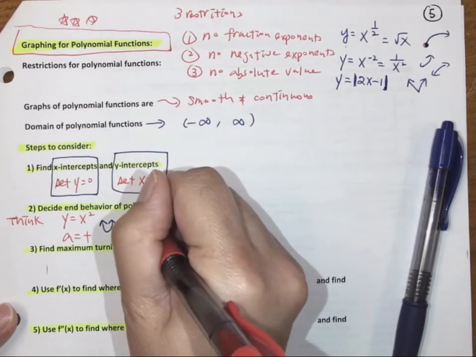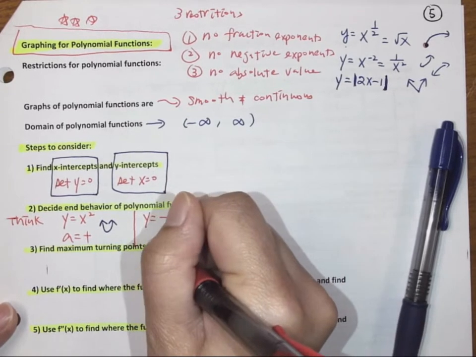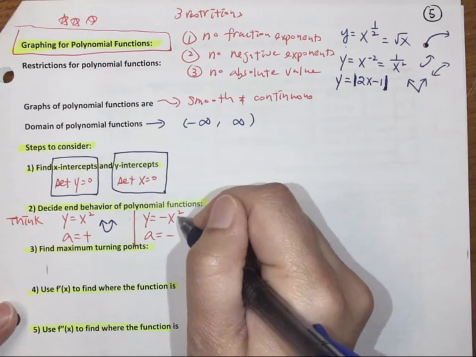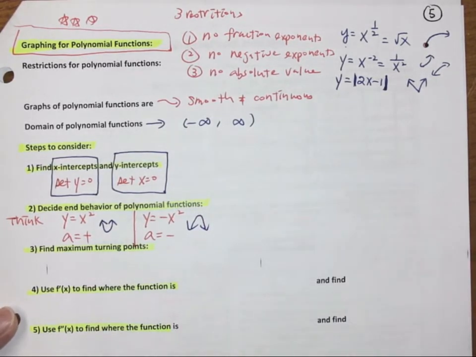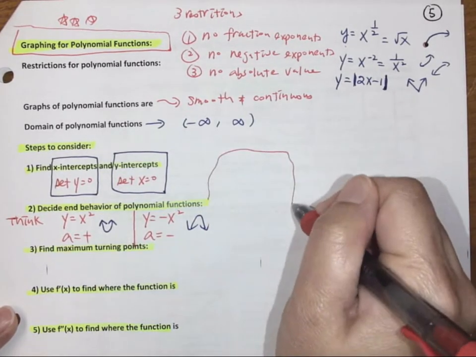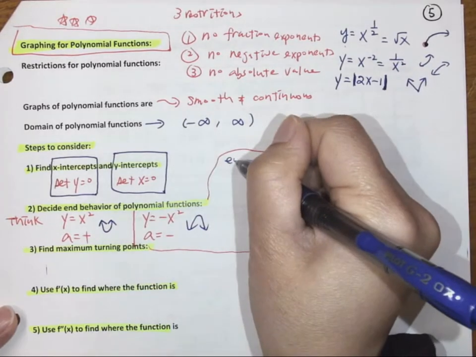And if you have y equal to negative x squared, a is negative, so again even leading power, a negative, both sides down like an open down parabola.